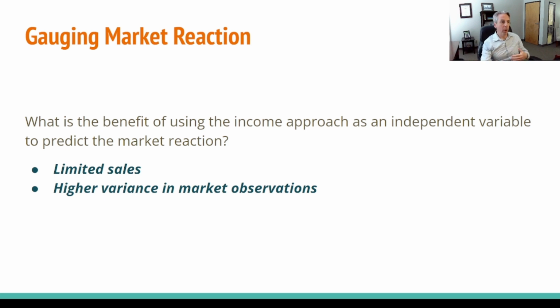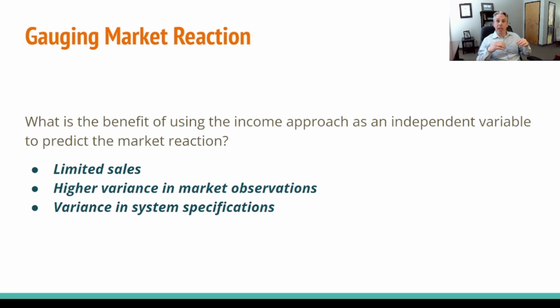And the third reason, and these kind of go together, is that there's variance in the system specifications. Not every house with solar has the same system. They may vary significantly in how many panels they have, how much electricity they are able to generate, and how old those systems are. All of those things need to be considered, and when you are using the income approach as that independent variable, you're bringing all of those variances together in that income approach observation.